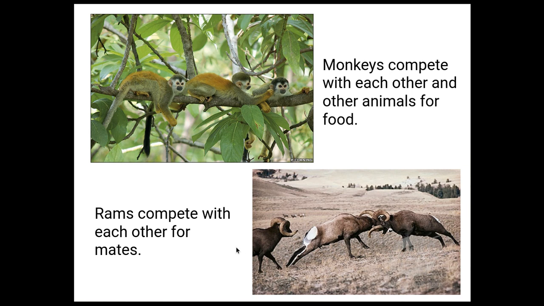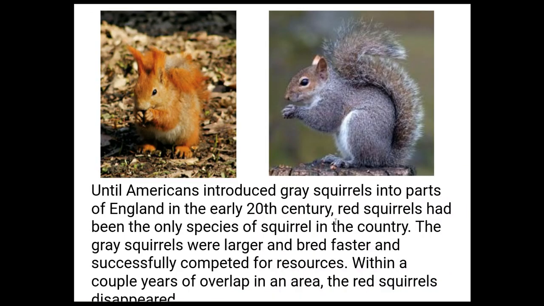If we look at this picture here, I thought this was really interesting. We have a red squirrel right here, and then we have a gray squirrel. And it says, until Americans introduced this gray squirrel into parts of England in the 20th century, red squirrels had been the only species of squirrels in the country.